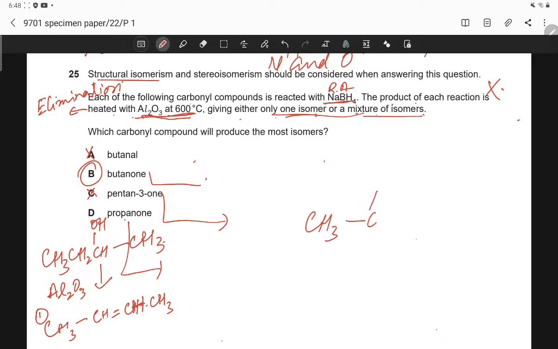And propanone, now come to the propanone. CH3, C double bond O, and CH3, CH3, CHOH, and CH3.